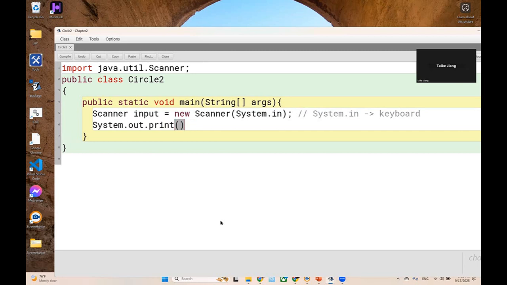So what is System.out? It's showing on your screen. This is your keyboard, this is your screen. So this one will print to your screen. You print to your screen with enter the radius.